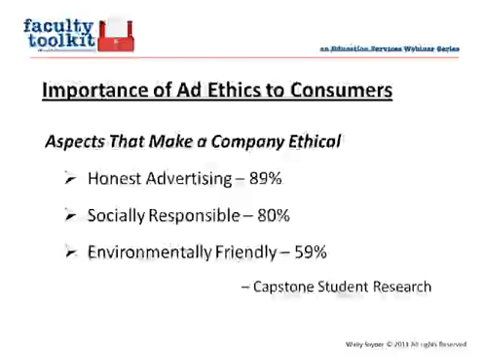Most of the 214 consumers stated they would be more likely to buy the products featured in ads if the company was ethical. As to the importance of ethical advertising, honest advertising was the top-ranked aspect that would make a company ethical at 89%, followed by socially responsible, 80%, and environmentally friendly, 59%.